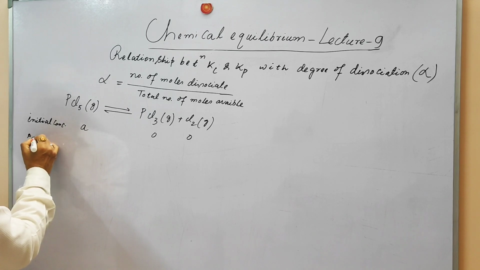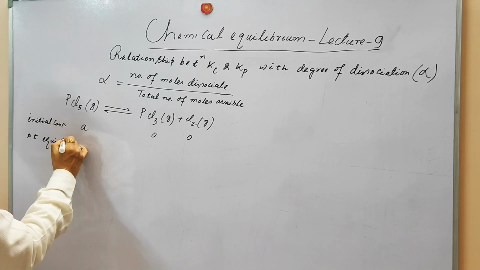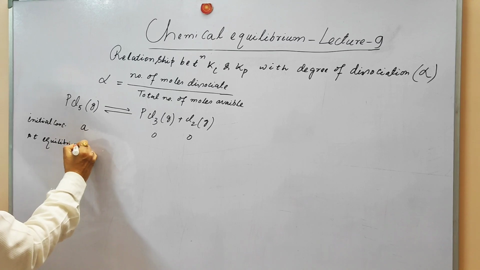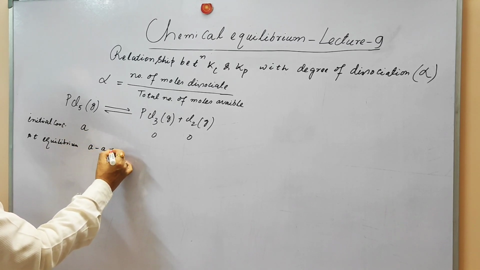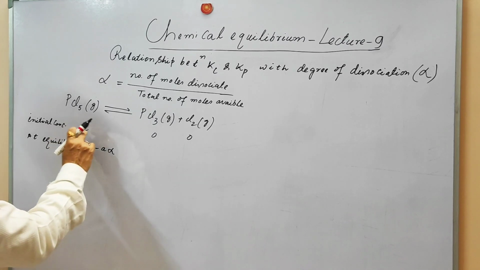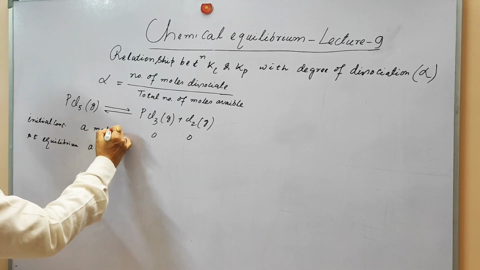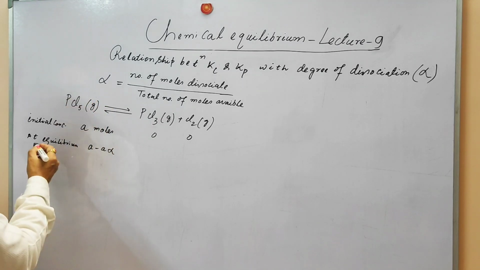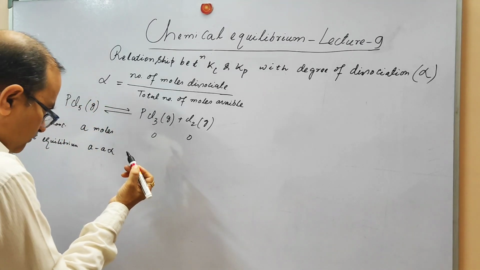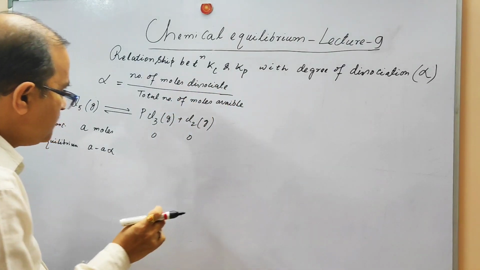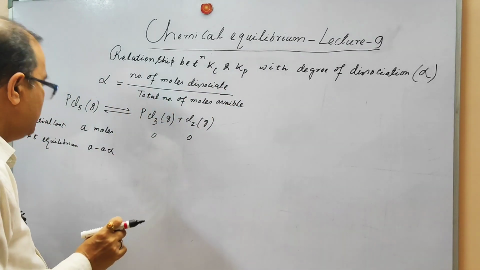At equilibrium, if it has a degree of dissociation alpha, then we can easily say at equilibrium there will be moles. This is the initial concentration, A moles. We have taken A moles. At equilibrium it will be A minus A alpha, because degree of dissociation means the number of moles dissociated divided by the total number of moles available.